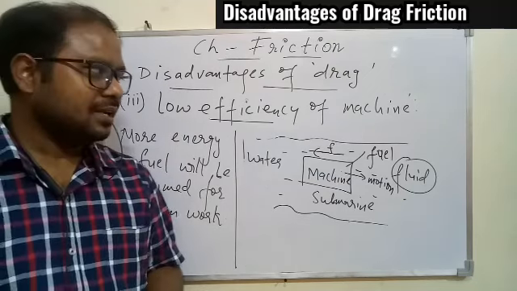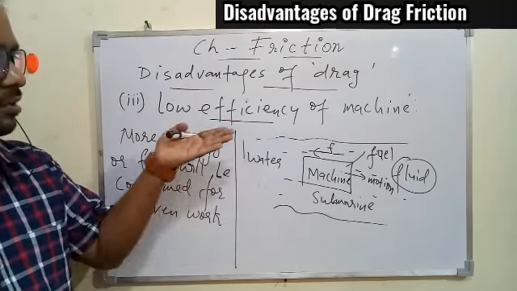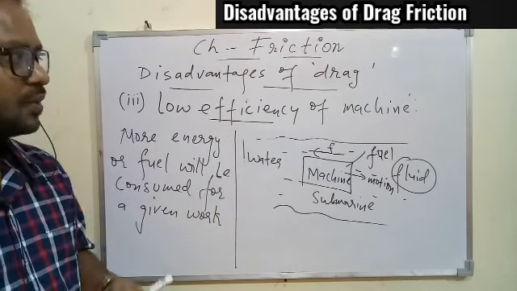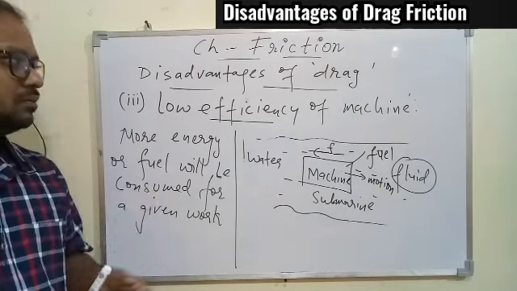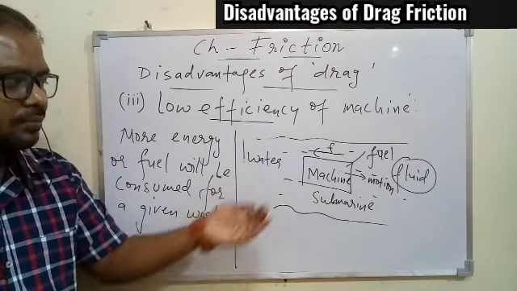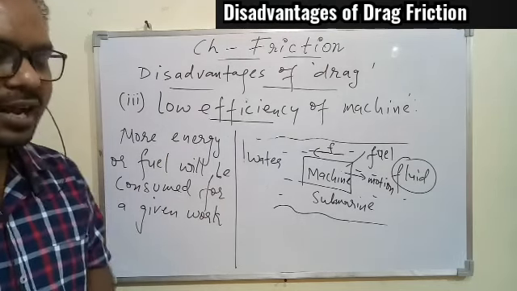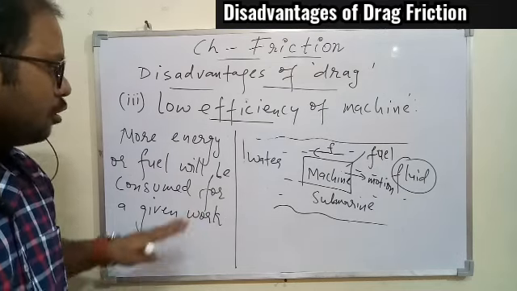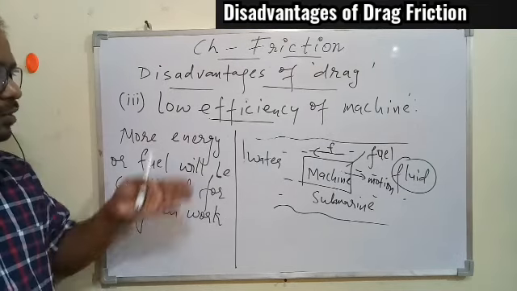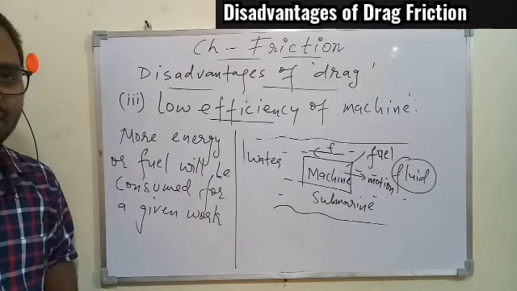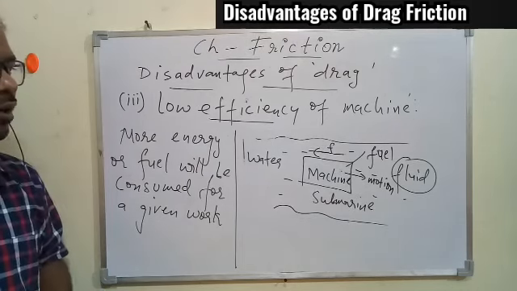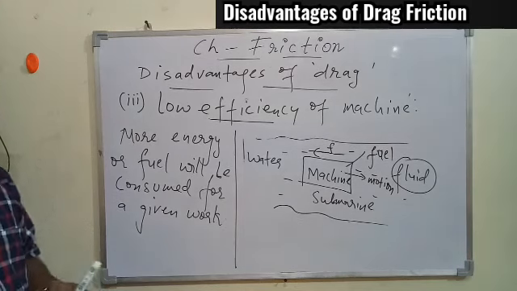Second, to overcome the drag friction, more energy will be utilized by the machine, so overall there will be some wastage of energy. And third, because more energy will be consumed by a machine to overcome the drag friction, the efficiency of the machine will decrease, meaning it will do less work with a high quantity of energy or fuel. So I hope this is understood.